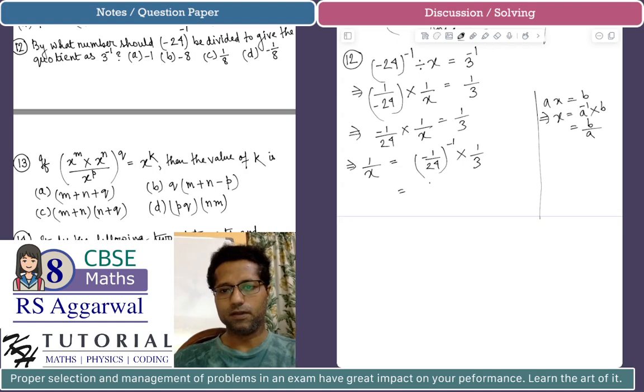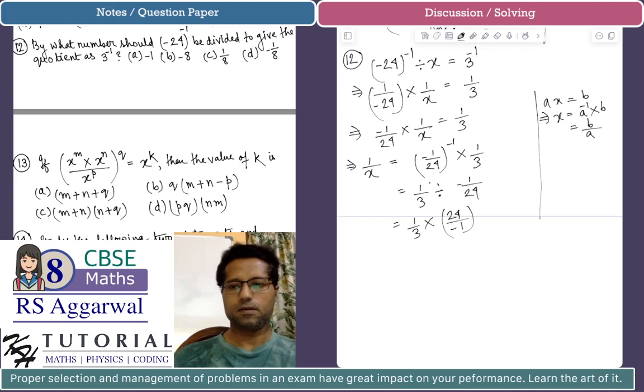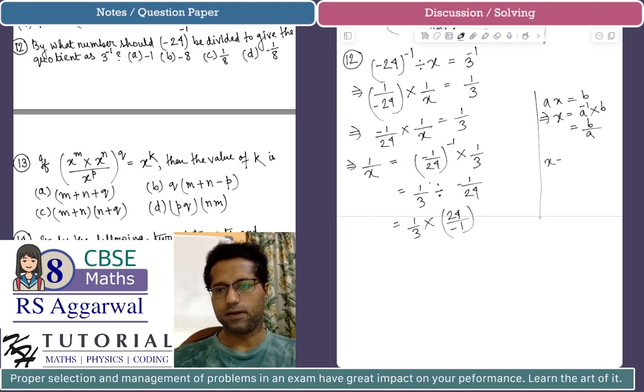You could have alternatively written like 1 by x will be 1 by 3 divided by minus 1 by 24. Now this is equal to 1 by 3 multiplied by reciprocal of minus 1 by 24, that is 24 by minus 1. Because we know that x divided by y, where x and y are rational numbers and y is specially a non-zero rational number, this is equal to x multiplied by the reciprocal of y.